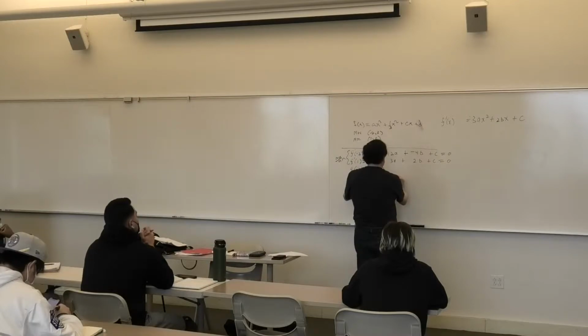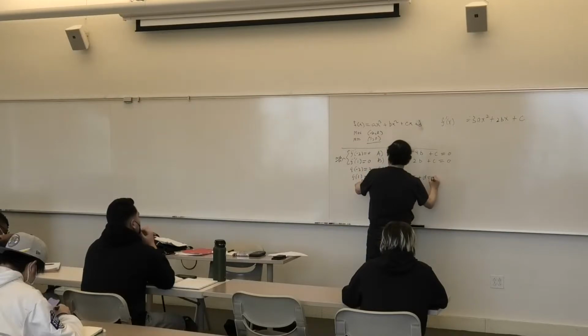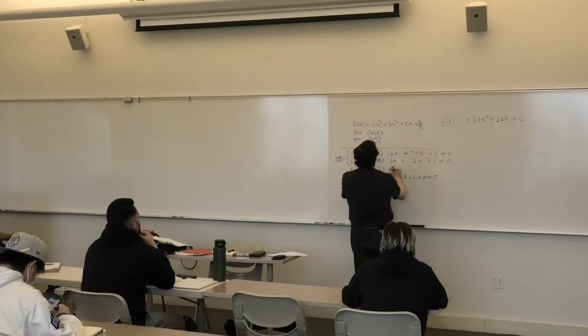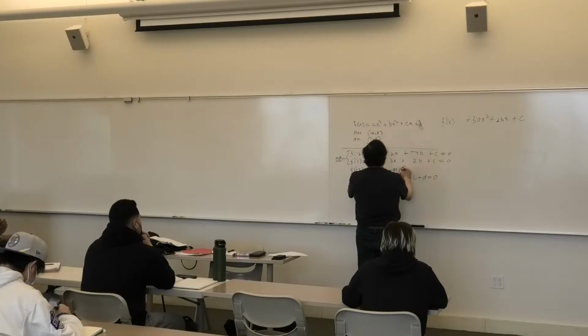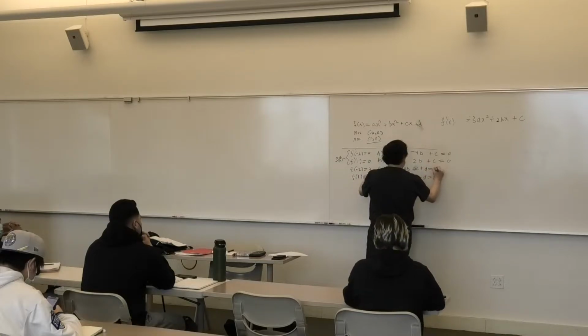f of 1 is a plus b plus c plus d equals 0. And f of -2 is minus 8a plus 4b minus 2c plus d equals 0.